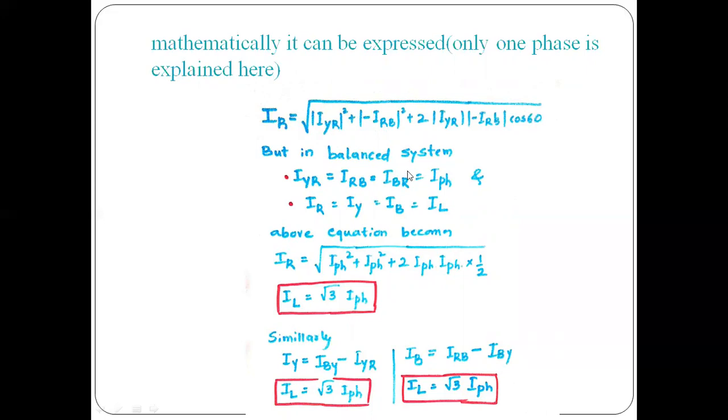One more important thing is that in the case of a balanced system, all phase currents are equal, so we can represent them as I phase. All line currents are equal, we can represent them as IL. Replacing in the above equation, we'll get line current is equal to root 3 times I phase. Similarly for the other cases, we have written like this.